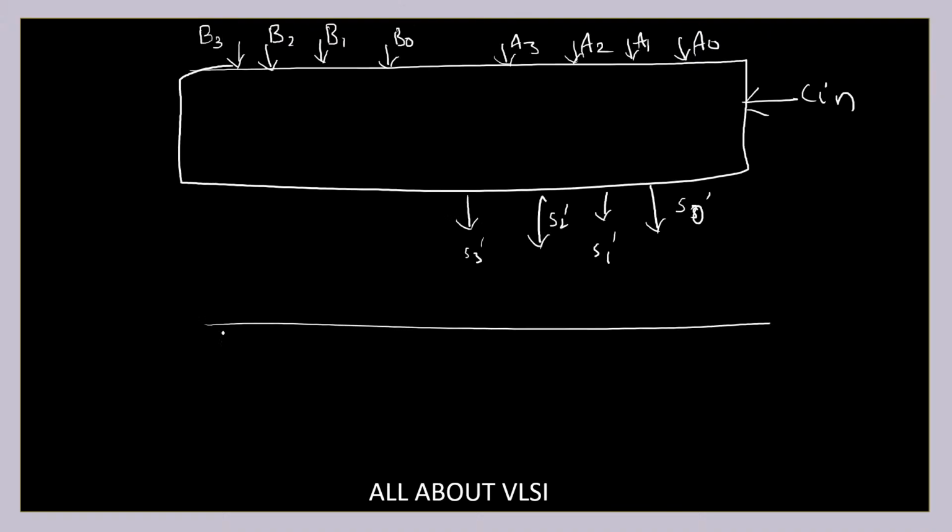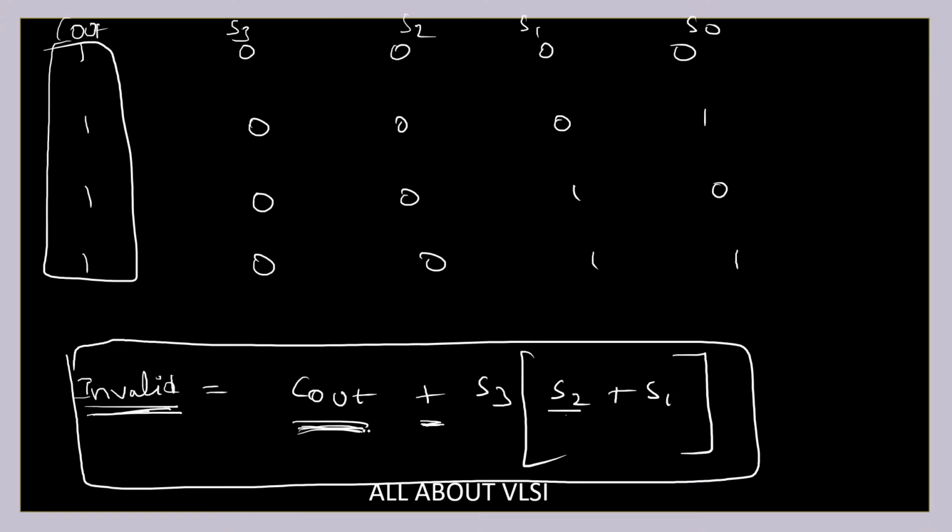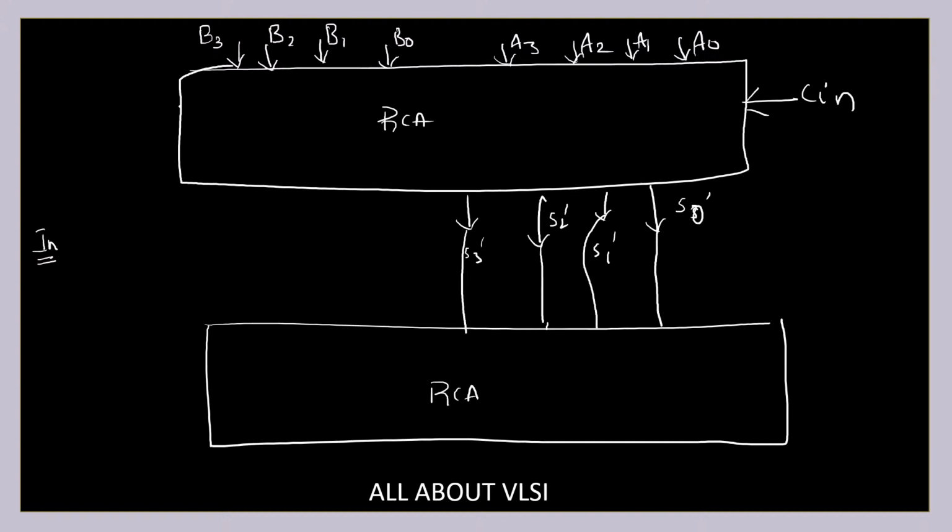Now I'm going to pass this to one more 4-bit ripple carry adder. This is RCA and this is one more RCA, where I'm going to provide S0', S1', S2' and S3'. Now let's take one signal known as invalid. This invalid will become 1 whenever this equation is satisfied. So this is my C out.